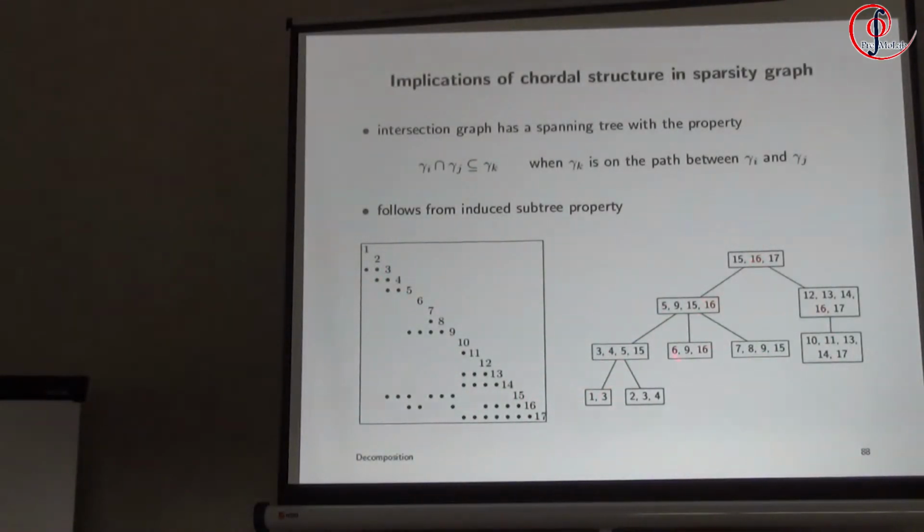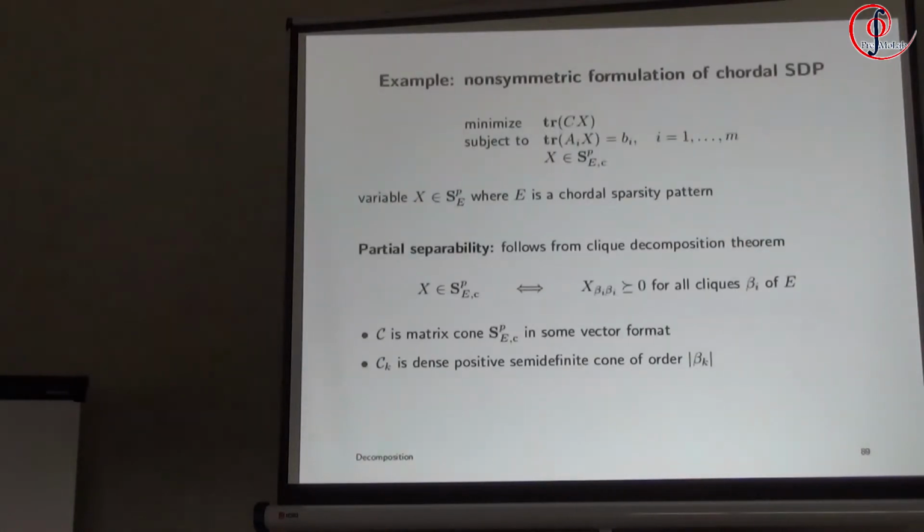You can find a spanning tree in the intersection graph with this induced subtree property. All the index sets that contain a given vertex, for example 16, form a subtree. In algorithms that is sometimes helpful because to find the other index sets that share the same element, you only have to look in a tree, you don't have to search the whole graph.